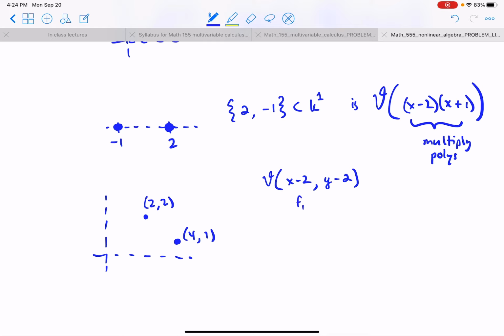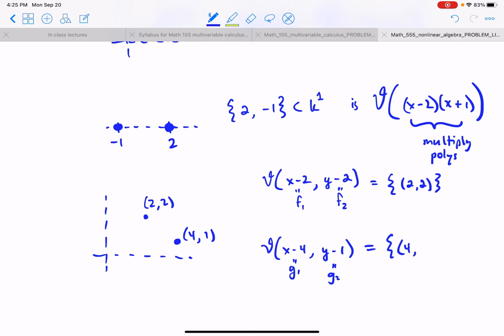Let's call them f1 and f2. And this would be the set that just contains that single point. Now the vanishing set of x minus 4, y minus 1, let's call this g1, and g2, would be the set of just one point, namely the point 4, 1.